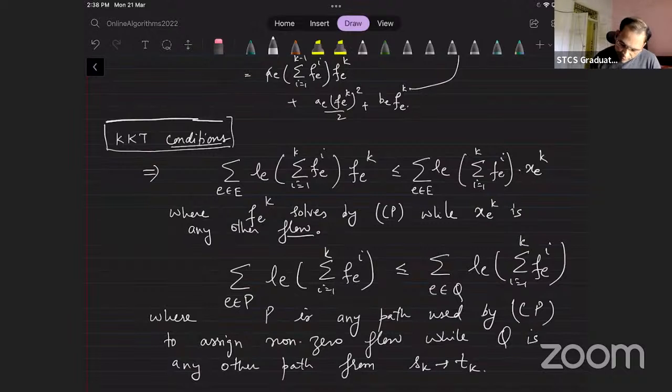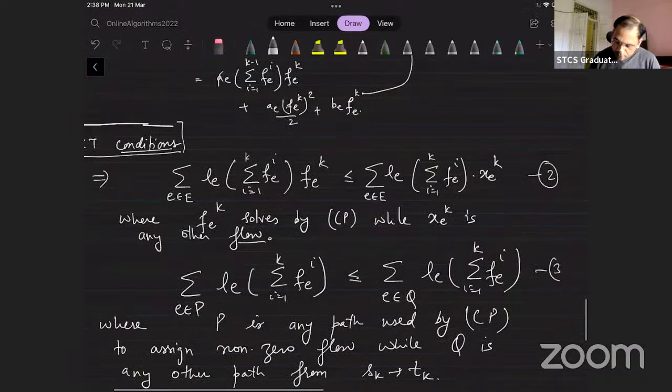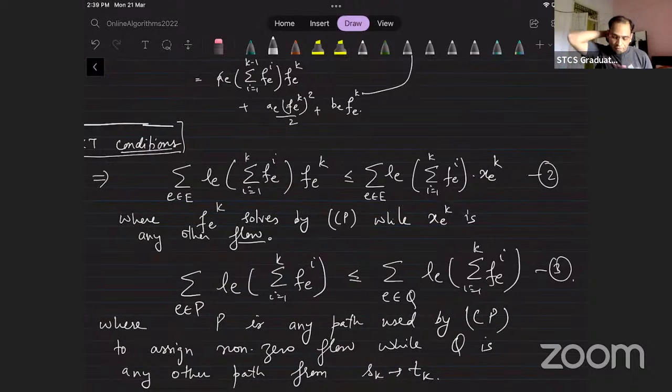Let's call them 2 and 3. Can anybody interpret how to get there? It's okay, but can at least somebody argue that this better be true? If f_EK is optimal for solving the CP, should 2 and 3 be true?